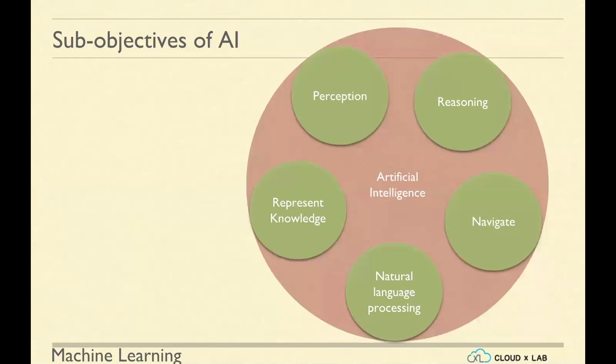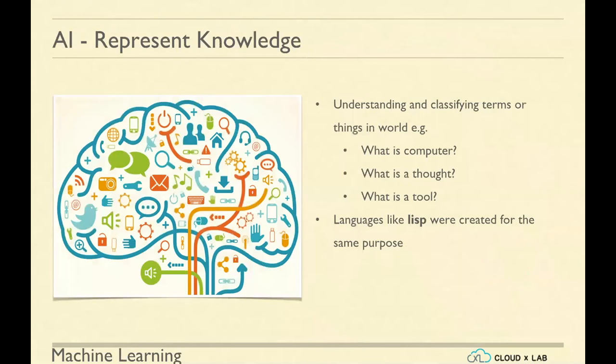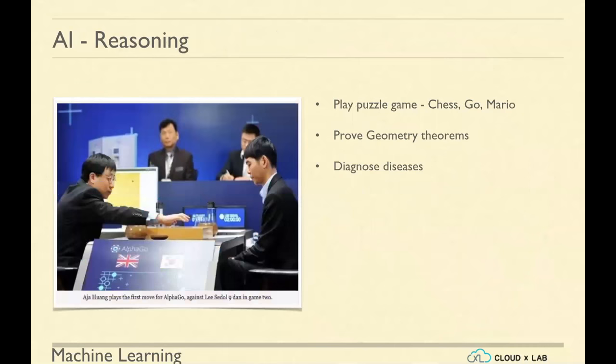It starts with representing knowledge. We have tried all kinds of things, and out of all of that, the systems being built now with word embedding and natural language systems are far better than the older way of representing knowledge. The second one is reasoning, being able to play a complex game like chess, Go, or Mario, prove geometric theorems, and diagnose diseases.